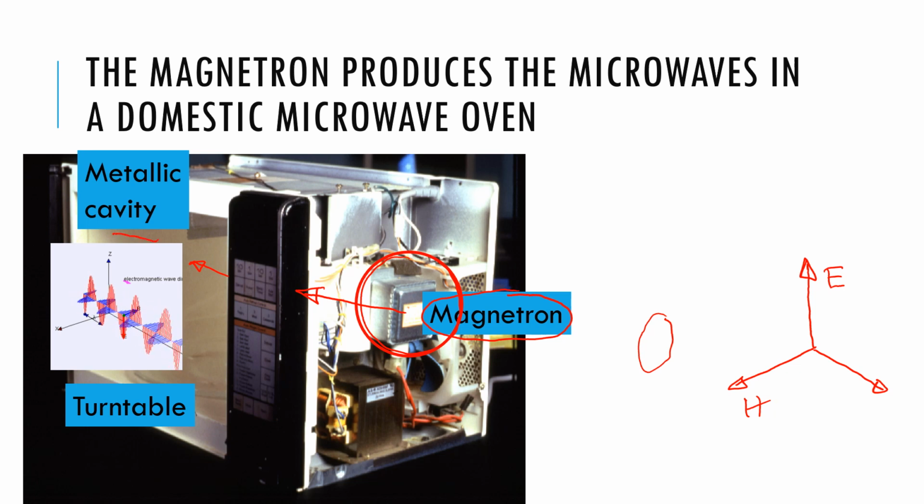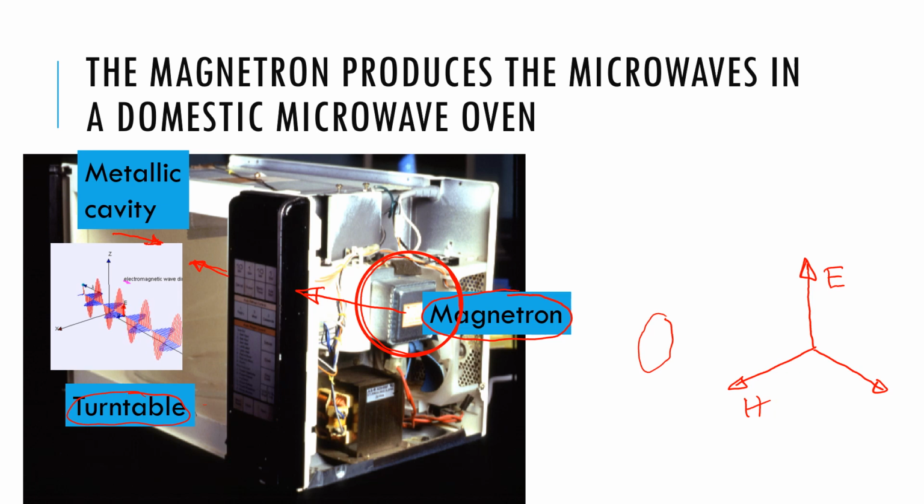So now you have the incoming wave and waves from the reflection, and together they form standing waves, and they form this in 3D. We'll talk about that in a second. And then there is the turntable, which rotates to reduce the effect of the built-in non-uniformity.